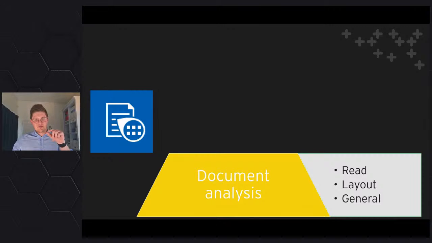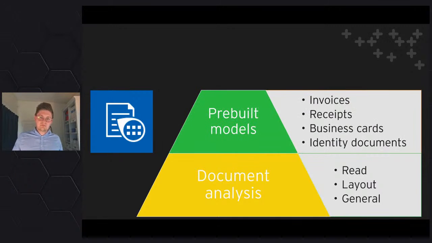Or this field seems to have a label attached to it, so I will label this given name, or I will label this company name and so on. And that gives you a way to extract structured information from a document without training anything yourself. I'll demo everything of this in a minute.